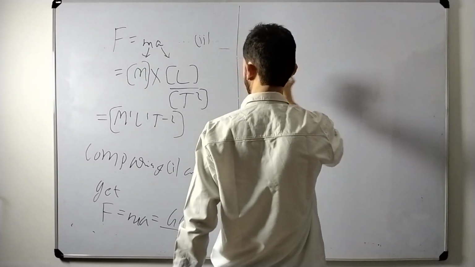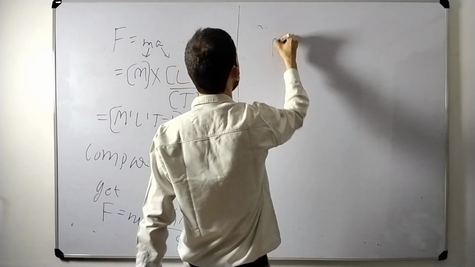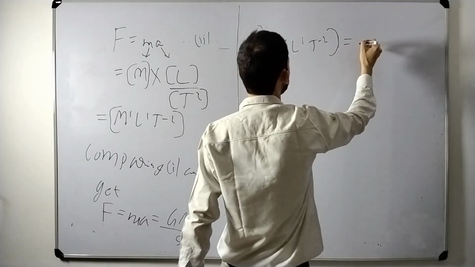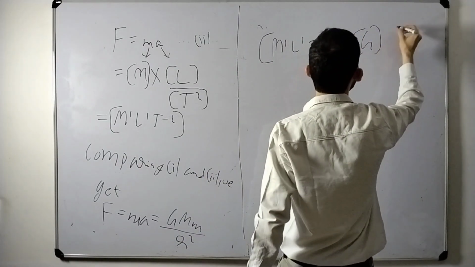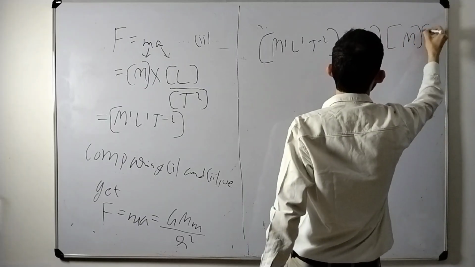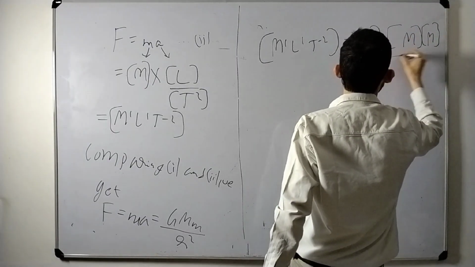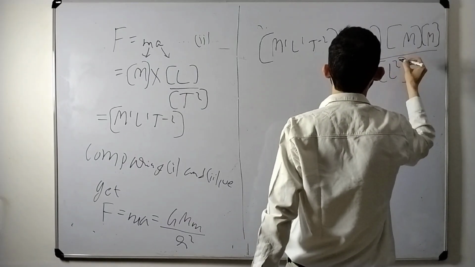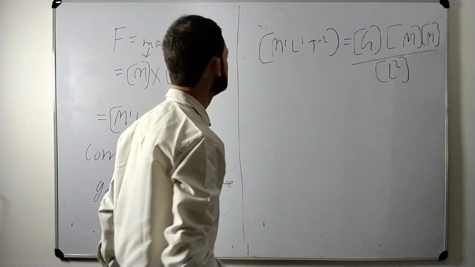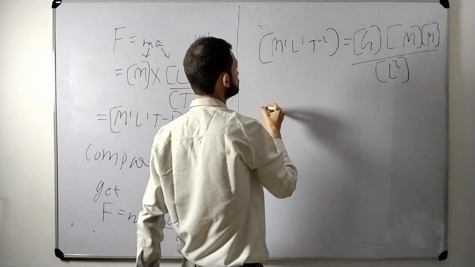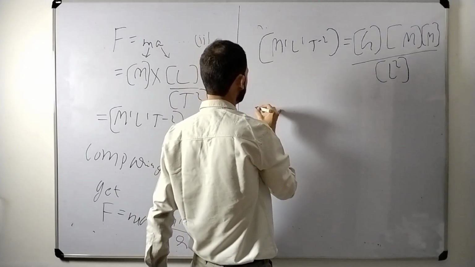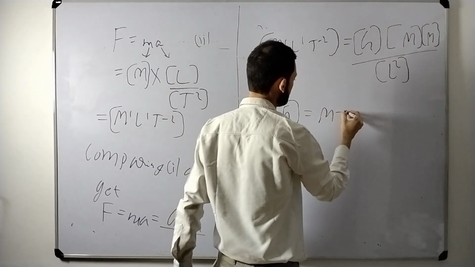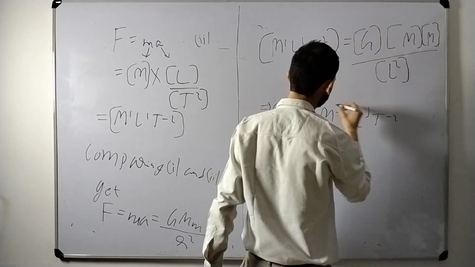Now, what was the dimension of force, students? So, M1 L1 T minus 2, and this makes the G dimension as G equals F into L square upon M into M. Okay, this makes the G dimension M minus 1 L cube T minus 2.